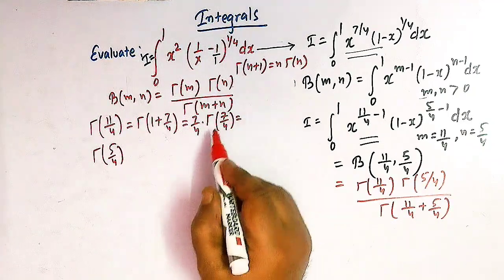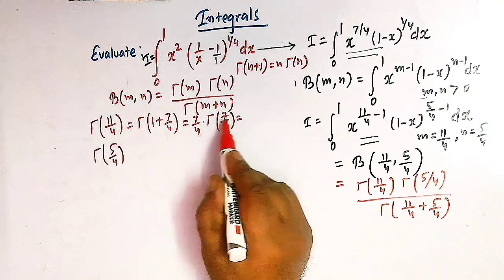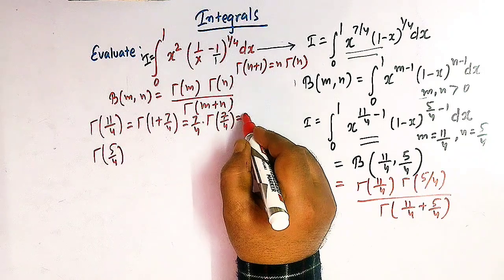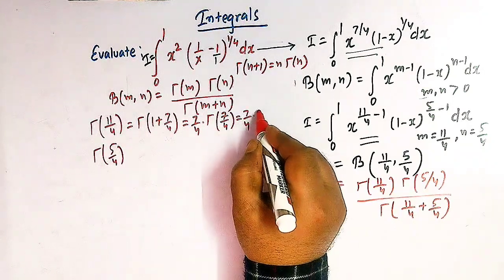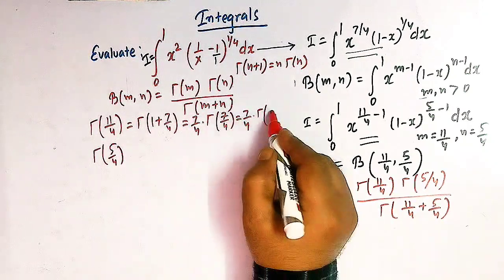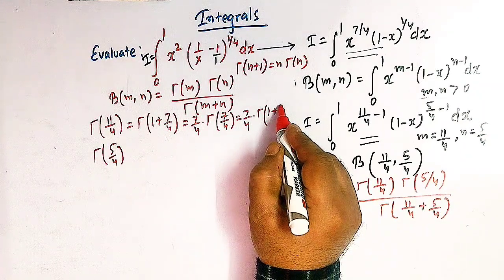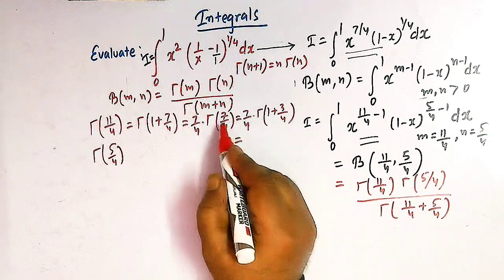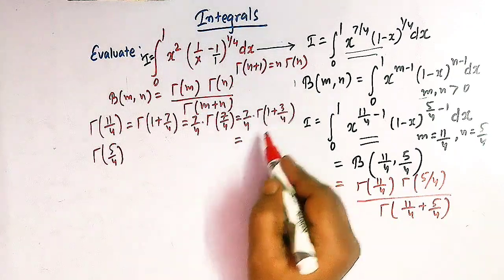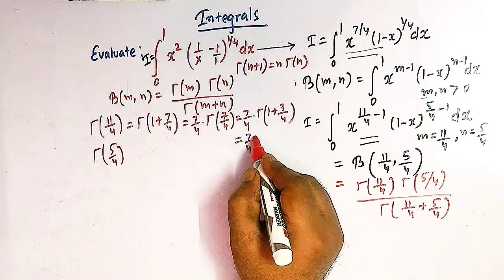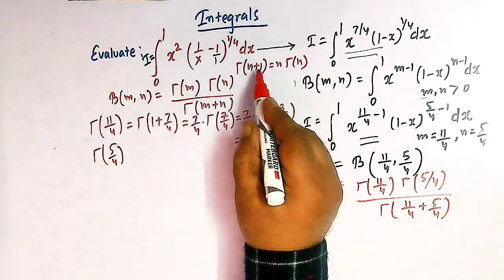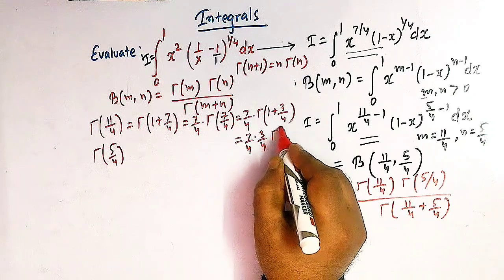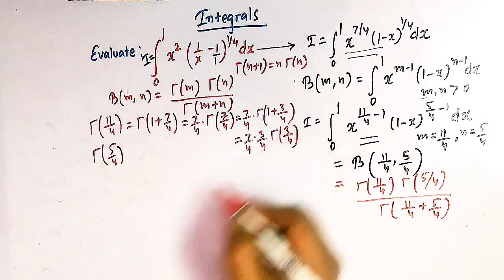Now let us express gamma of 7 by 4 again with the help of this relation. So we have 7 by 4, and gamma of 1 plus, here we can write 3 by 4, right? So 7 by 4 is 1 plus 3 by 4. Then again applying this result, we have 3 by 4 times gamma of 3 by 4.